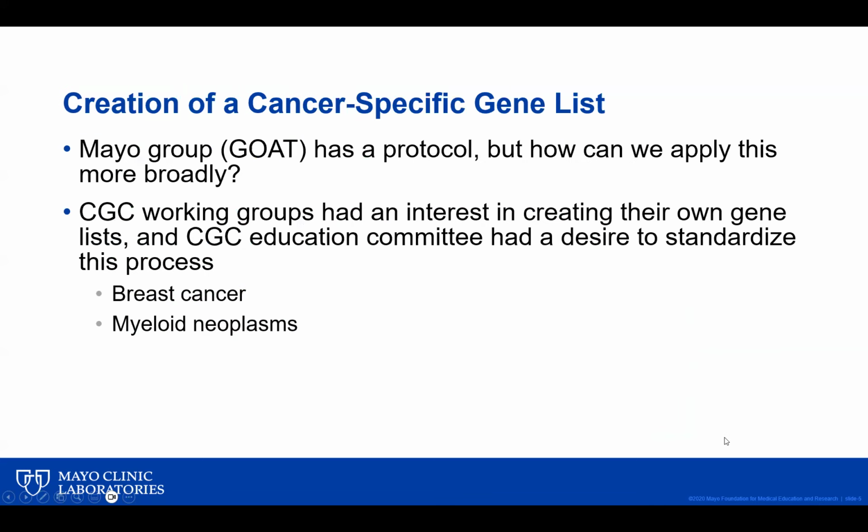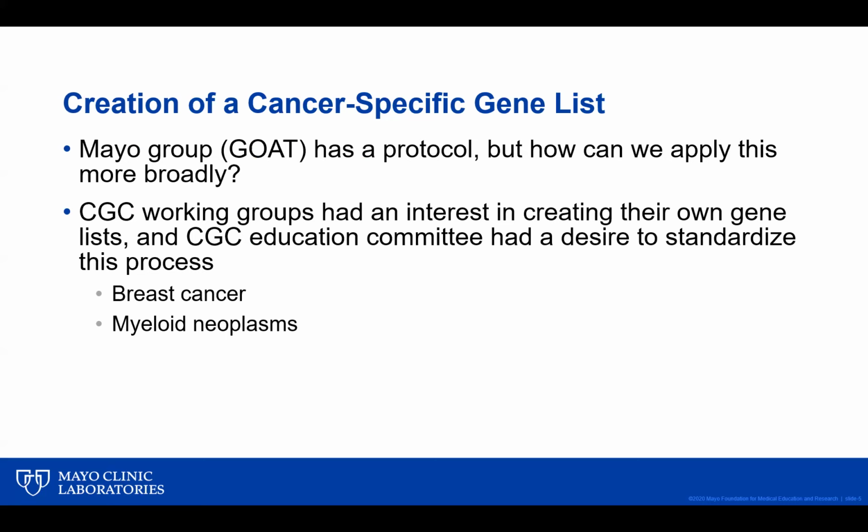So when we were talking with the CGC about this, we knew that the Mayo group, we called ourselves GOAT, so Genomics of Oncology Annotation Team, had a protocol, but how can we apply this more broadly and in a standardized way where we can really leverage the expertise from the CGC working groups?